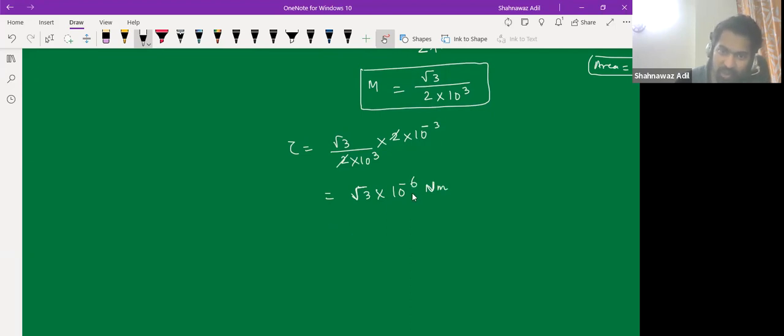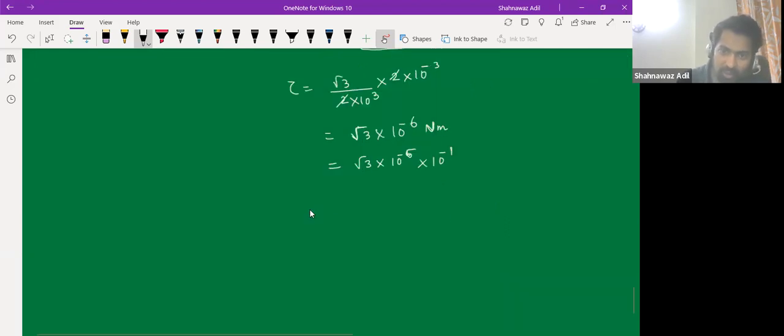Right. So then how can we write this? This is root 3 into 10 to the power minus 5 into 10 to the power minus 1. Right, guys? So this would be how much? Root 3, and if we take it inside the root, that is 100 and 10 to the power minus 5.